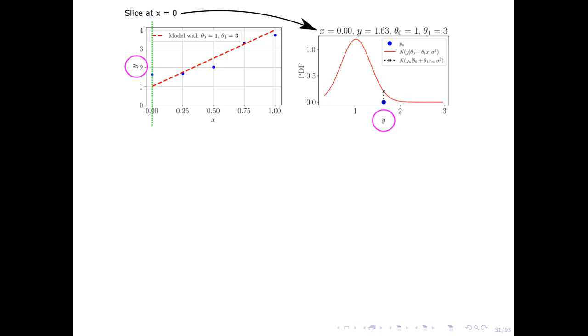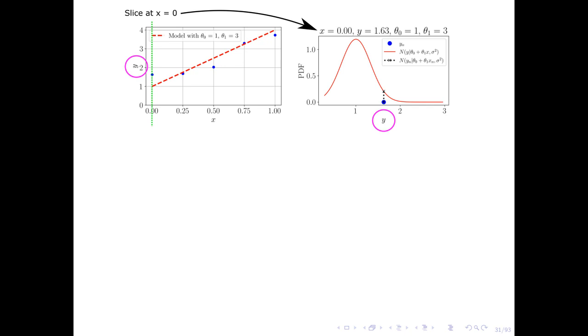We can plot the PDF of this model, centered around the mean of the model. So the mean at x equal to 0 is 1. If I make x equal to 0, the y value is equal to 1. And I can calculate the height of this PDF.